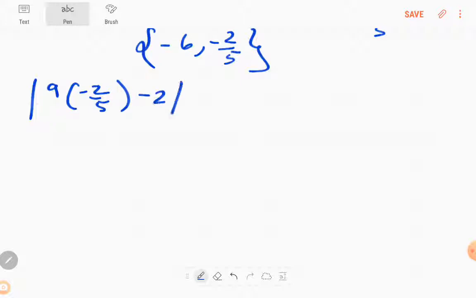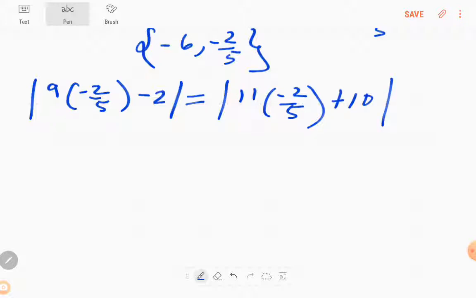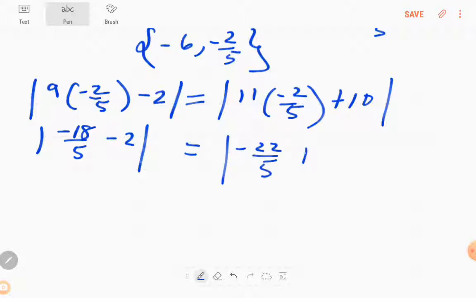minus 2, is that equal to the absolute value of 11 times negative 2/5 plus 10? So we'll have negative 18 over 5 minus 2 equal to minus 22 over 5 plus 10.